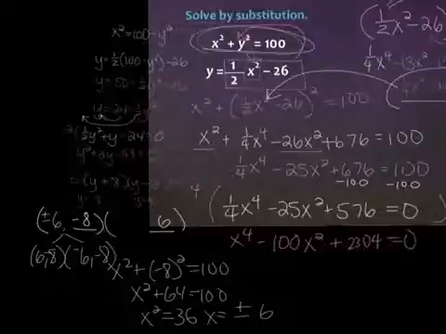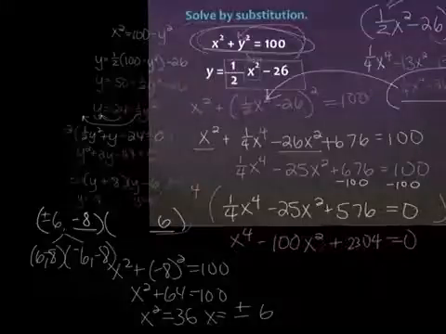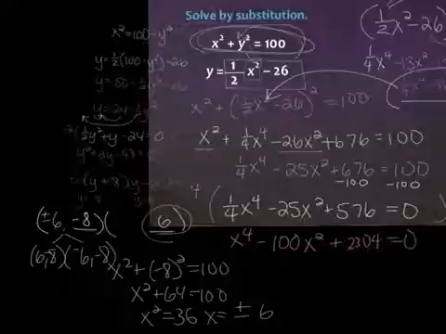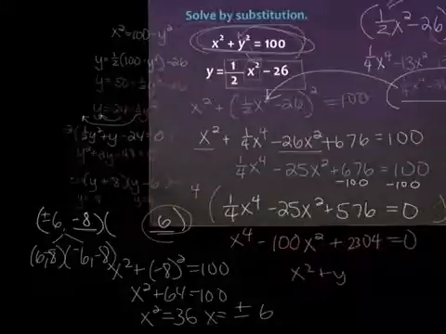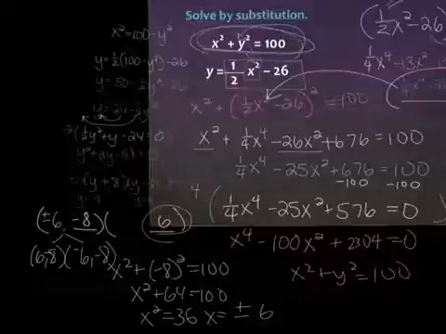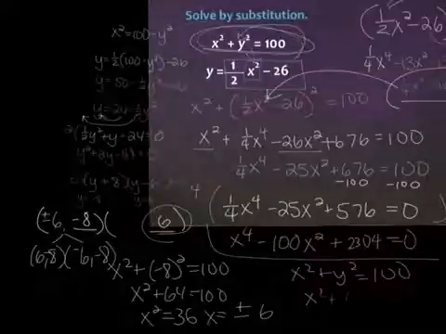But I'm not done yet, right? Because I haven't plugged in 6 for the y. So I have to do the same equation, x squared plus y squared equals 100. This time I'm making the y 6.